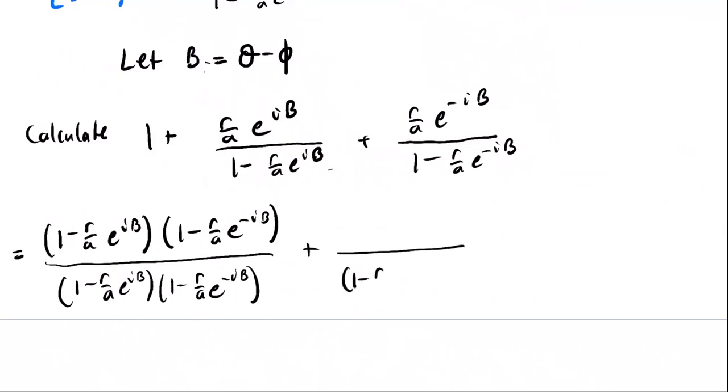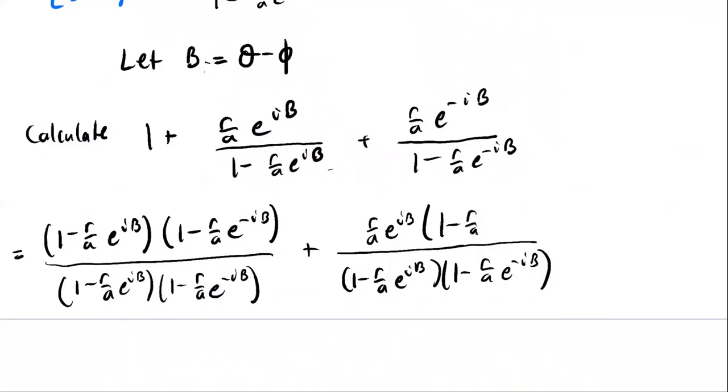So I have 1 minus r over a e to the ib, 1 minus r over a e to the minus ib, times r over a e to the ib times 1 minus r over a e to the minus ib. So that's the second term. This is the first term, second term, and then the third term.